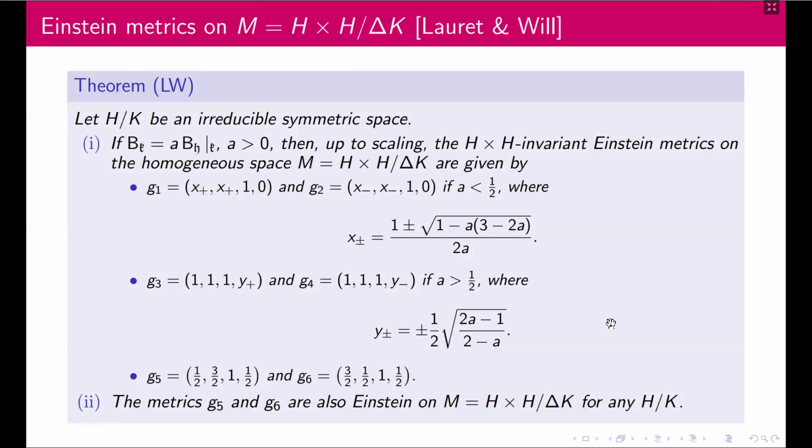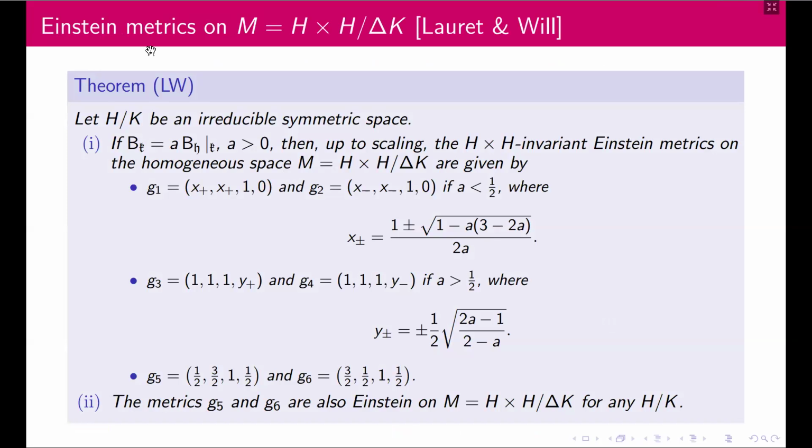Lauret and Will studied very recently when these metrics are Einstein on M. In fact, they studied the more general case when H times H over delta K is any homogeneous space, not necessarily an irreducible symmetric space.